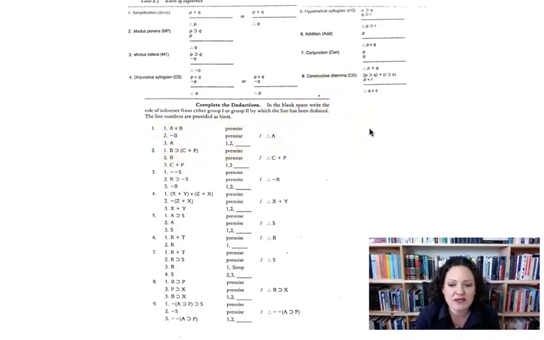Now, instead of P and Q, we're using different letters. You can always substitute P and Q for those letters. Let me show you what I mean. So next to this number 1, we have A or B. What if I were to say, instead of A or B, I said P or Q, and then that's a premise.